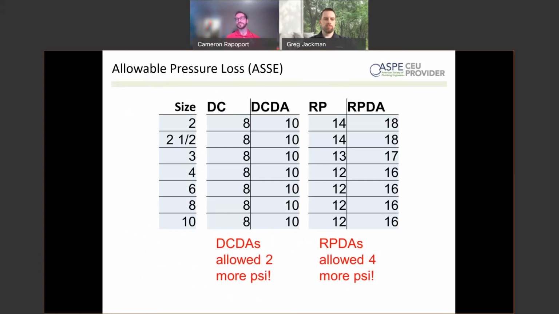If you look at the ASSE allowable pressure loss, you get 2 more PSI allowable in a DCDA than a DCA, and 4 PSI more in an RPDA versus an RP. Fire protection engineers and contractors do not like that. They want as little pressure loss as possible while still maintaining the protection of the backflow preventer. So you actually get a little less pressure loss using a type 2 detector, especially in RPDAs.